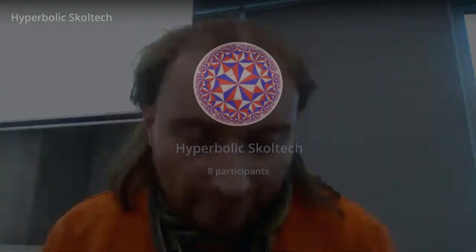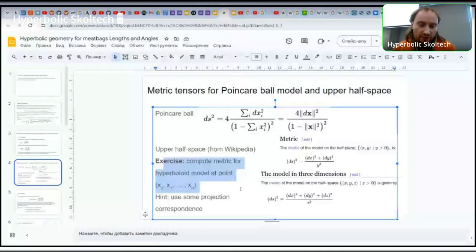I will continue working with the metric tensor today. So let's do this first, and next we will continue with what I'm going to do later. Okay, let me switch the screen.